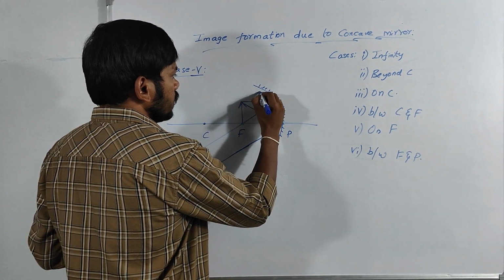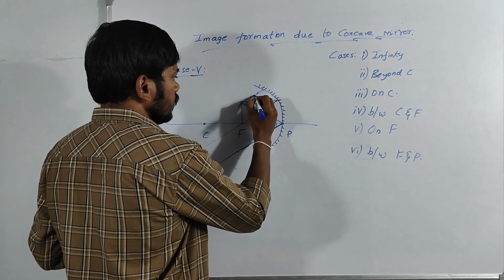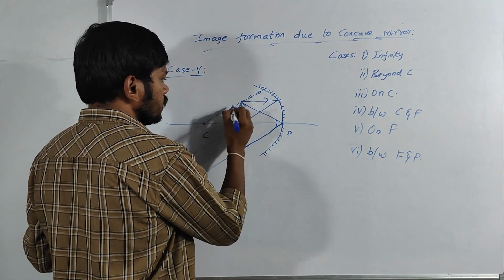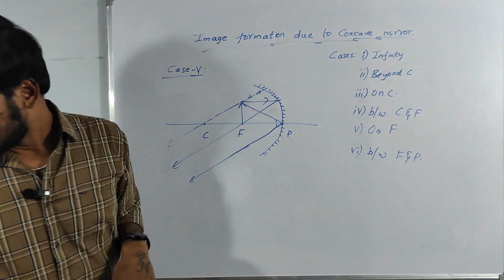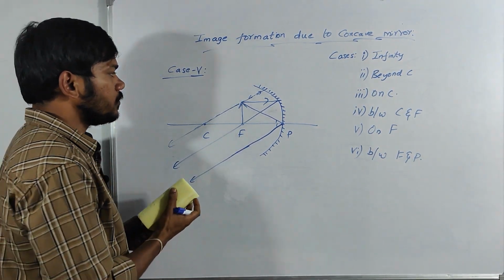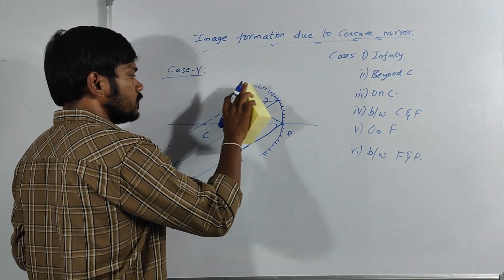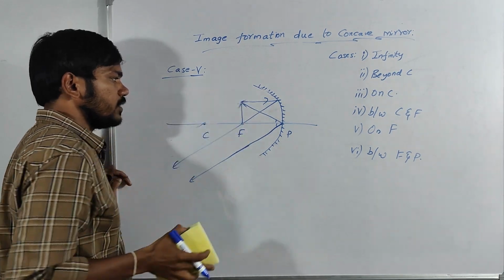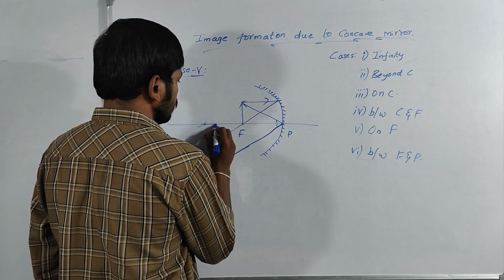So in this way, if I send a normal incidence, that will retrace its path in this way. So that also can be considered. But that is optional, because how many minimum rays do we require? Only 2 are required, no? Why should we go for 3? Or if you go for 3 also, that's not an issue. But the minimum number required is 2 only. That's why we won't consider the third one for now.